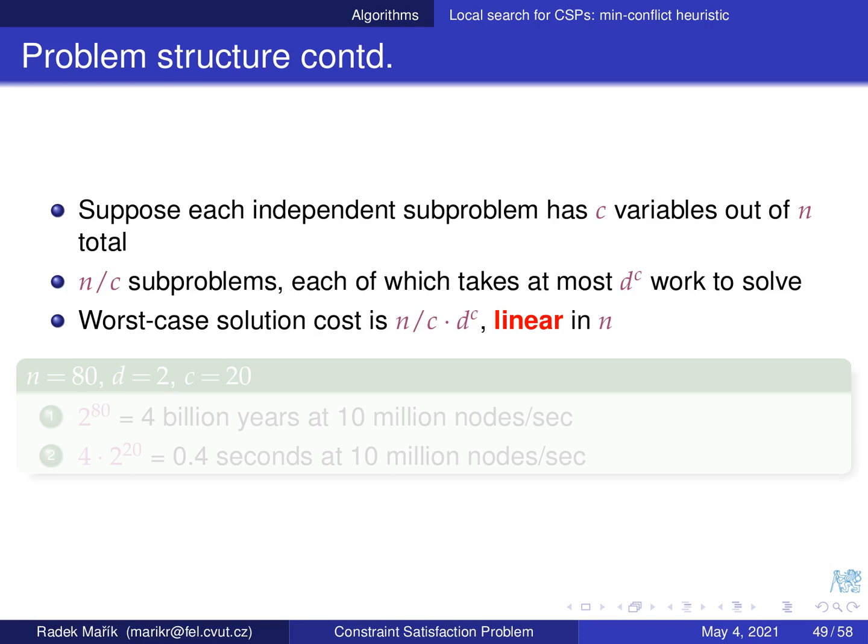Let's look at some properties of this approach. If we have several subproblems, each having c variables, and we have a total of n variables, then each independent problem is c variables from n.